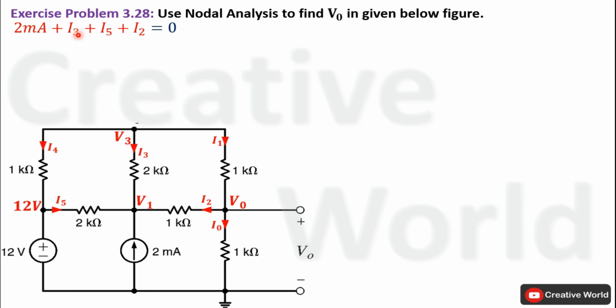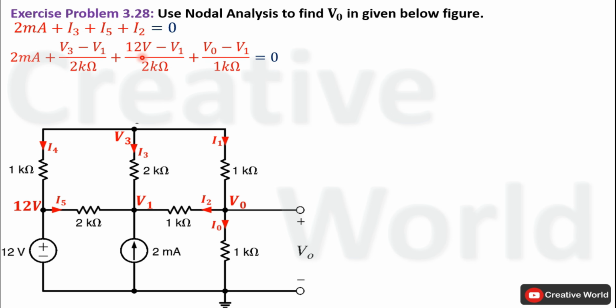Now we have to replace these three currents with their respective equations. Current I3 will be equal to the potential difference between these two nodes divided by the value of resistance. And because the direction of current I3 is downward, this node voltage will be considered as higher than this node voltage.